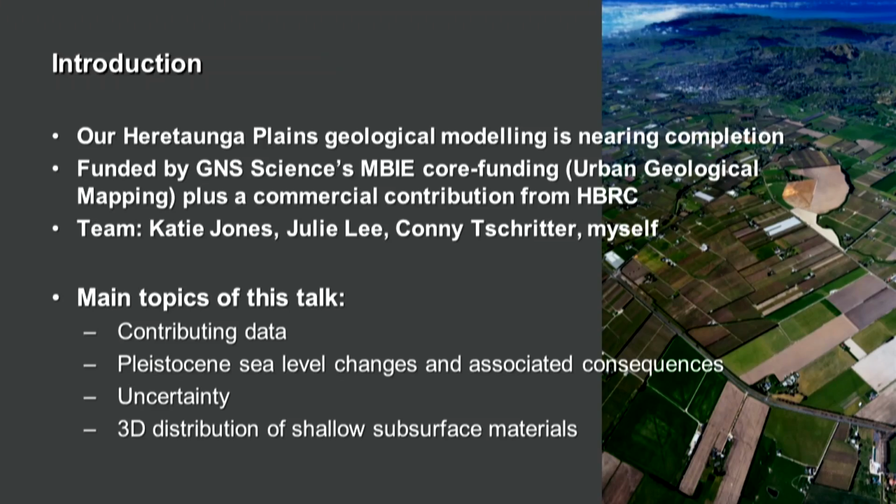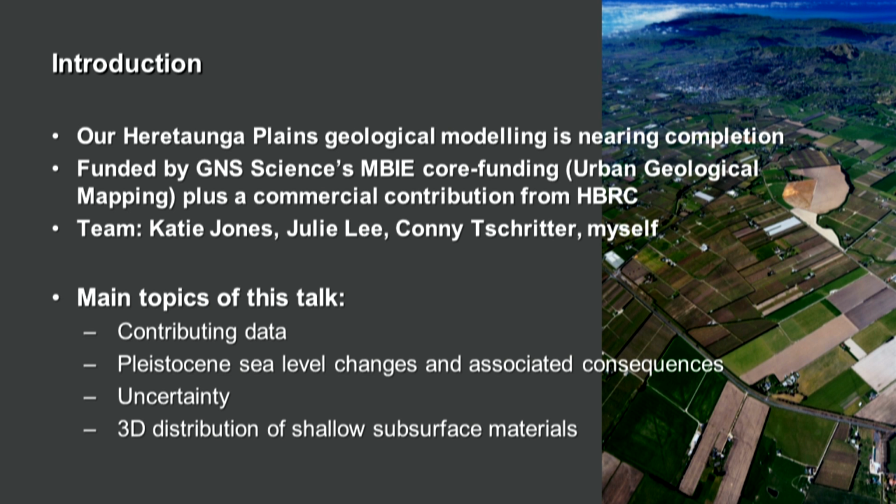And so what I want to do is just cover something about the contributing data, something about the effects of sea level change, Pleistocene sea level change, that's in the past, I'm not going into the future, and the consequences on the materials being deposited, something about uncertainty, and hopefully it'll all come together as a sort of a 3D representation of the shallow subsurface materials of the Heretaunga Plains.